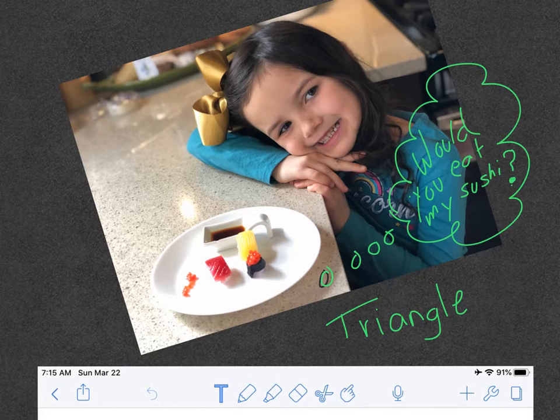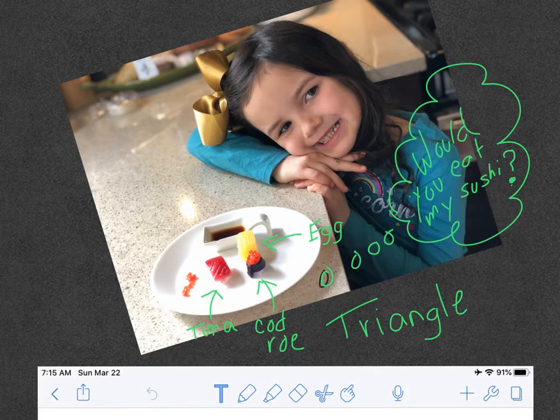Well, take a look closely, and some of you might know that this is supposed to be tuna. This is supposed to be fish eggs. Okay, so maybe cod roe. And the yellow one is called tamago, which is egg. But really, this is not sushi. This is candy that is a little kit that you make this miniature edible food.